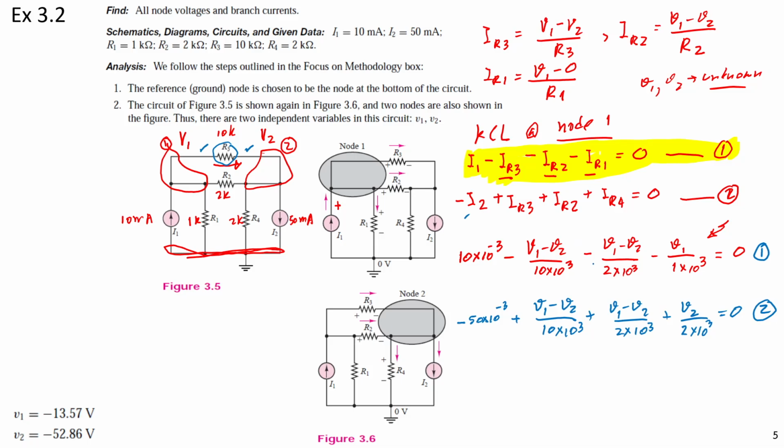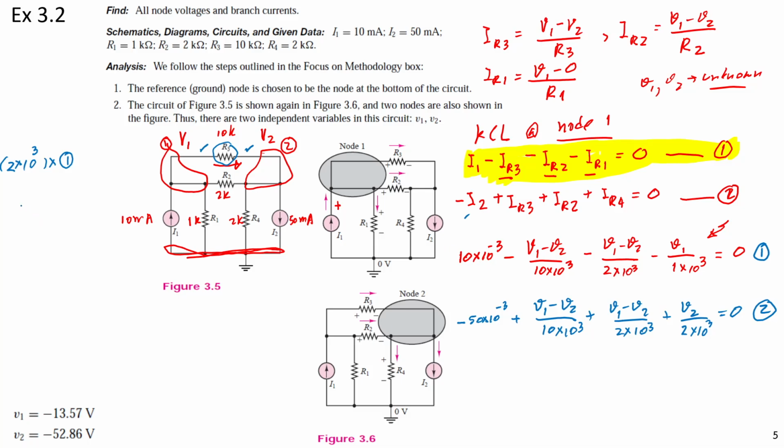For example, if we multiply equation 2 by 3, then go into equation 1, what happens?